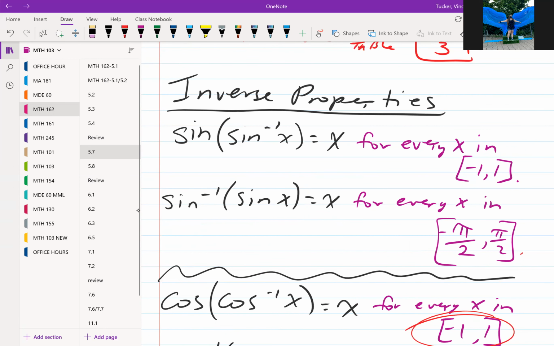I have a quick question. What happened to 5.5 and 5.6? They were just graphing. I said just go in there and use the graphing tool to answer the questions, but I wasn't going to spend much time on graphing. If somebody had a question, I was willing to answer it, but most of the time when somebody wants to graph something, they would just use a graphing calculator or Desmos, some type of graphing tool.